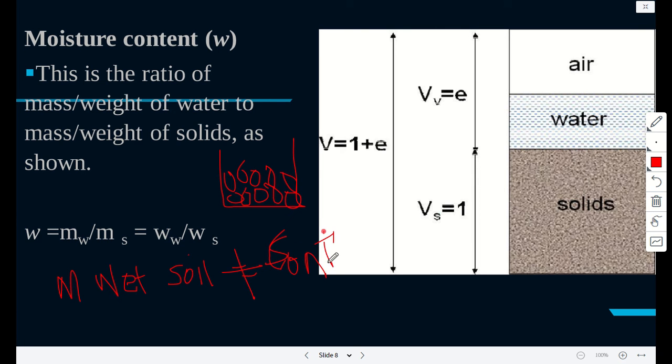So say that is 50 grams. Then you have to weigh mass of dry soil.